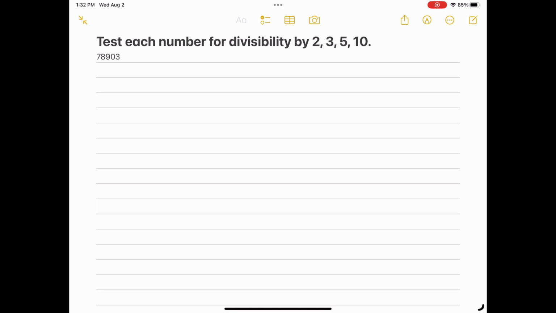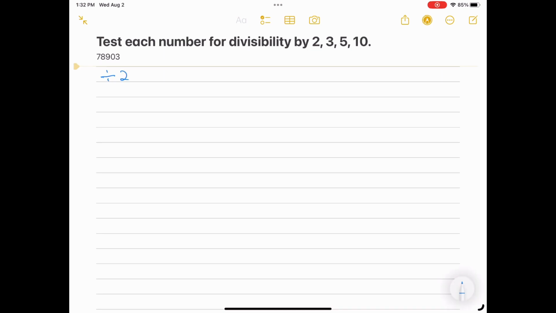We examine the number 78,903. Is it divisible by 2? Since it is an odd number, it is not divisible by 2. To see if 78,903 is divisible by 3, we add up its digits.